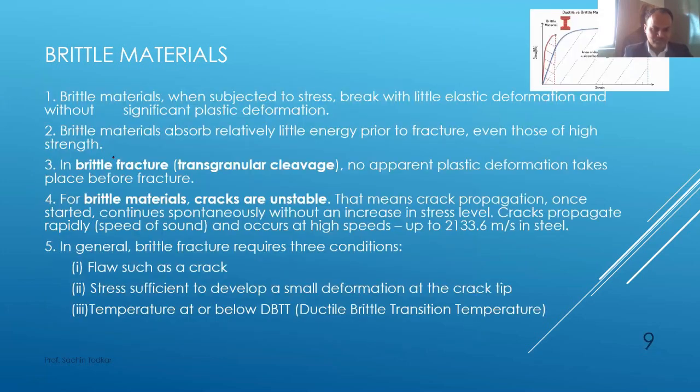Okay. Now next. Why do these brittle fractures come into picture? This is due to transgranular cleavages. So there is no apparent plastic deformation, and directly the crack gets generated and propagated.